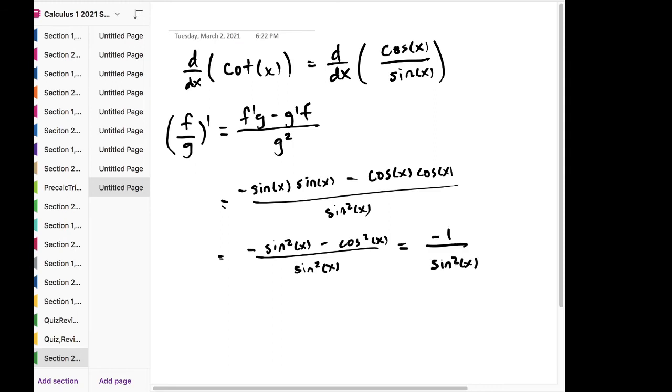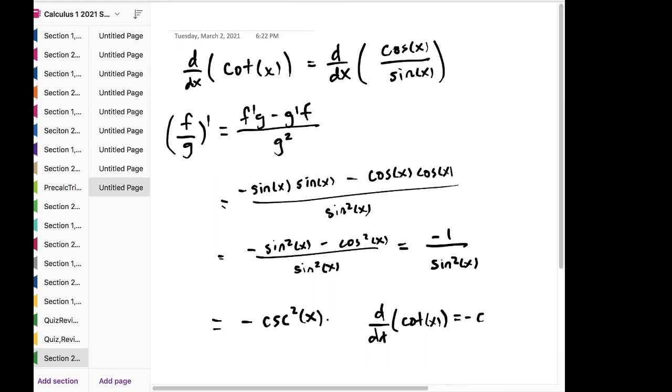Okay, and then what is 1 over sine squared, or negative 1 over sine squared? Cosecant, yeah. So the derivative of cotangent is negative cosecant squared.